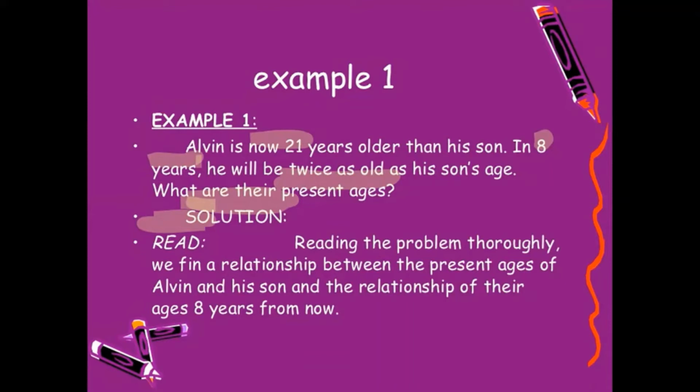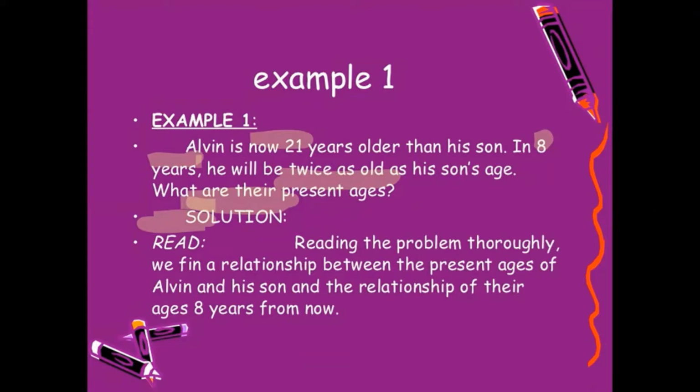So first of all, reading the problem thoroughly, we find a relationship between the present ages of Alvin and his son, and the second is the relationship of their ages 8 years from now. So one is the present scenario where the father is 21 years older than his son, and this is the basic relationship.